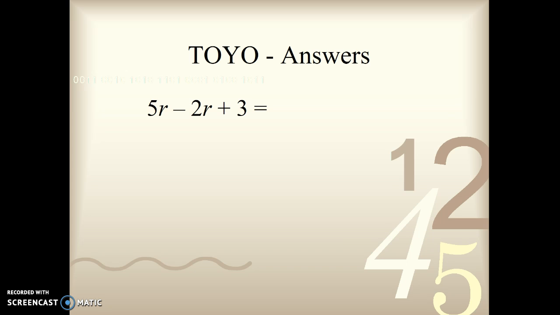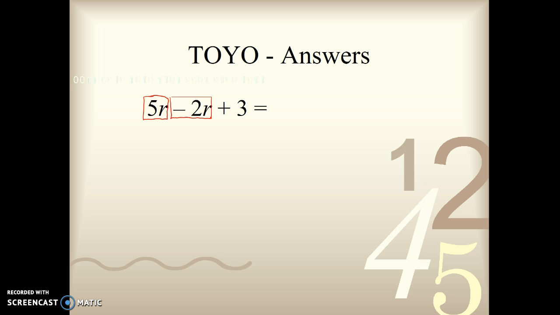Okay, now we have 5r minus 2r plus 3. These are not all like terms. We have two terms with the variable r, and then we just have a number. We have two different kinds of terms here. And so what I'm going to have you guys do when we have expressions with more than one type of term, we're going to box the terms that are alike in one color.